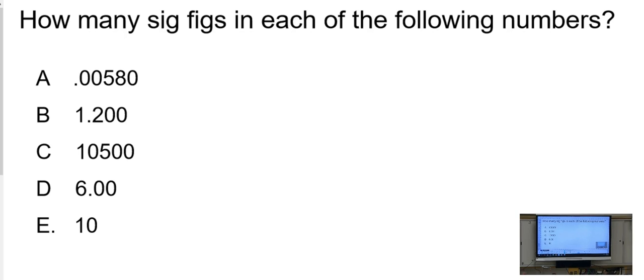When you are done, will you check with your lab partner and see if you agree?